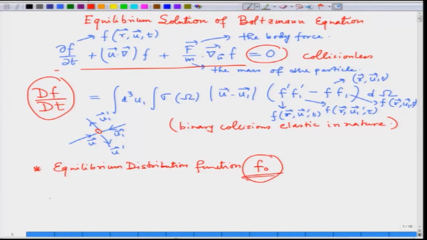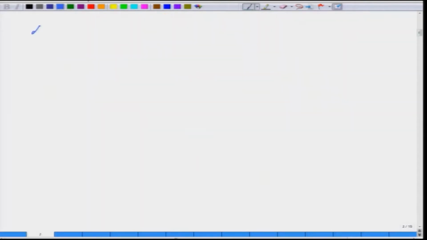Let us consider how to know the functional form of it. Let us assume a classical gas, or rather an ensemble of molecules.